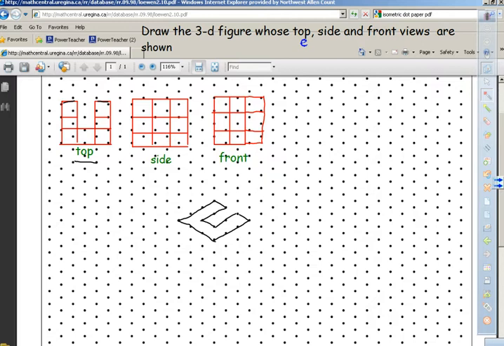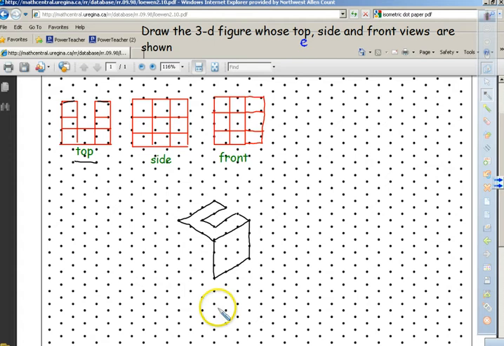So now you're going to look at my side. This is going to help me see, and I'm looking at just this side right here, trying to determine how tall it is. And I see it's 1, 2, 3 tall. So let's bring it down 1, 2, 3 blocks, 1, 2, 3 blocks, and then we'll connect it.